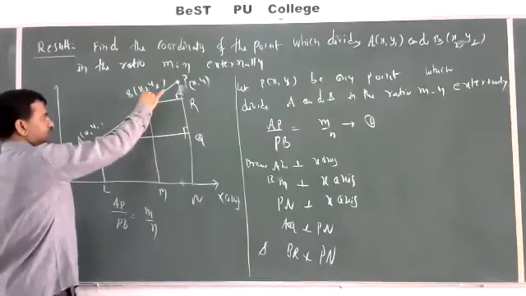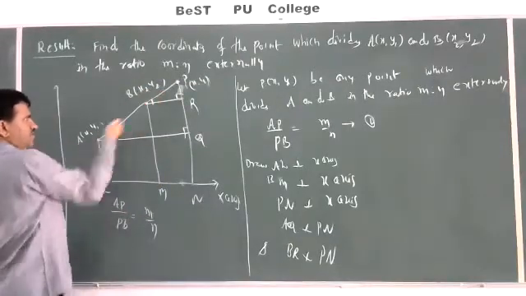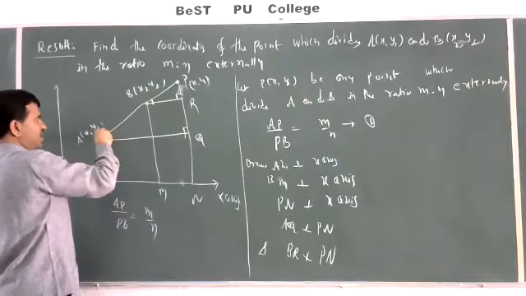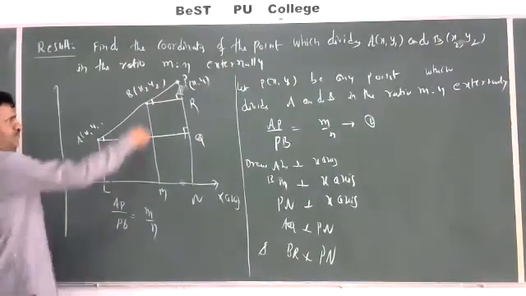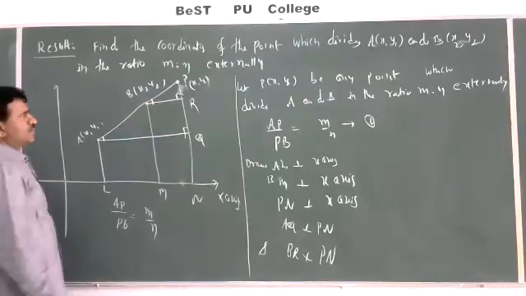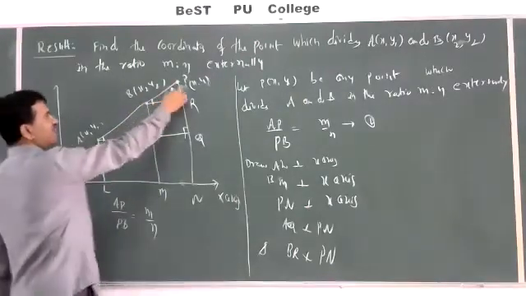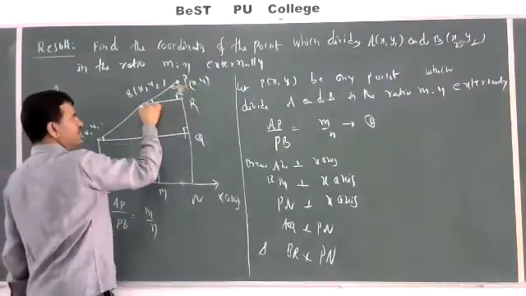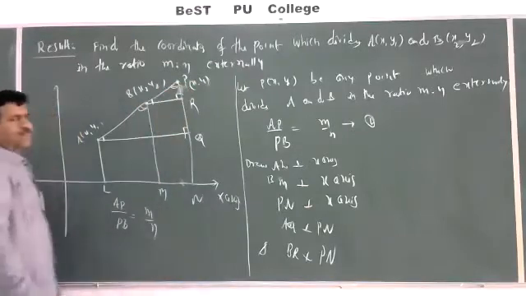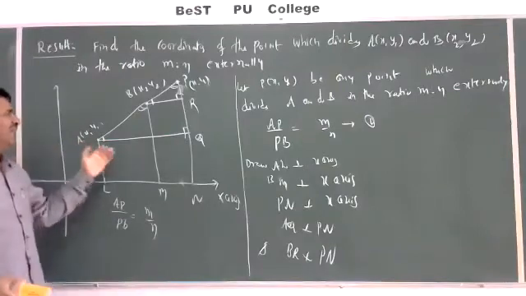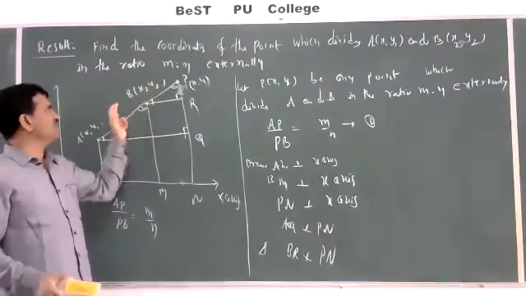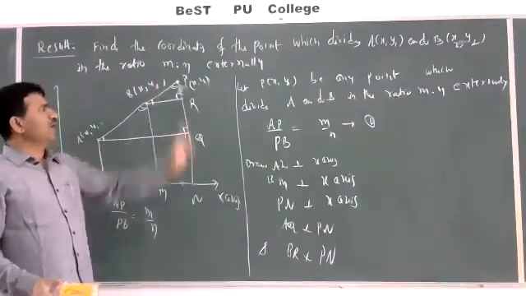Here a transversal cuts two parallel lines, which means alternate angles are equal. So two angles equal means automatically the third angle should be equal. Corresponding three angles equal means triangle AQP is similar to triangle BRP.